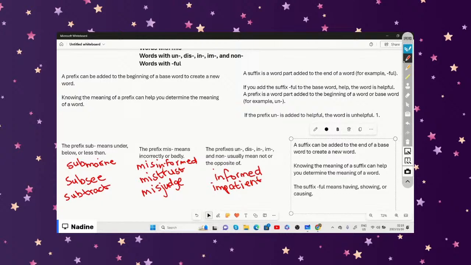And then we have a suffix, right? And a suffix can be added to the end of that base word to create a new word.